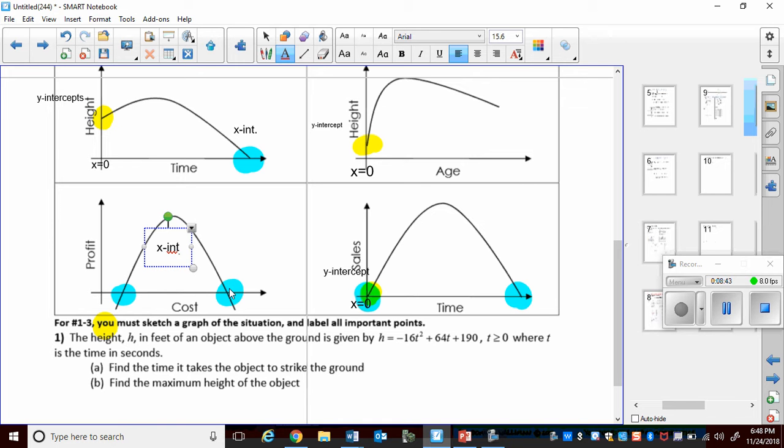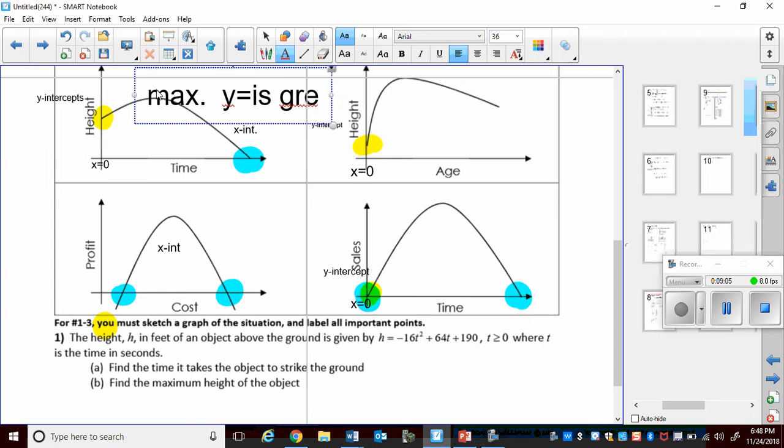You could imagine this is an example of throwing a ball, or an object traveling over the ground from a certain height. That object has a maximum. Here, y is greatest. The y values are the greatest at this point.